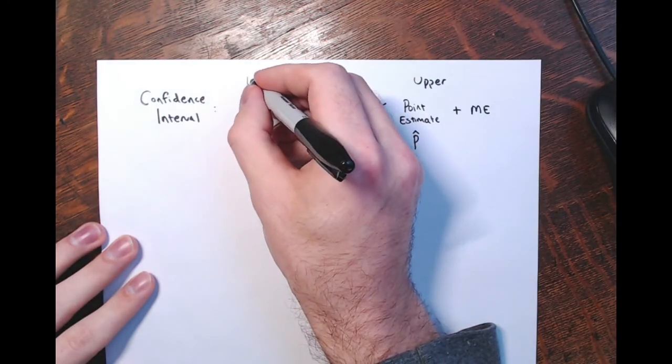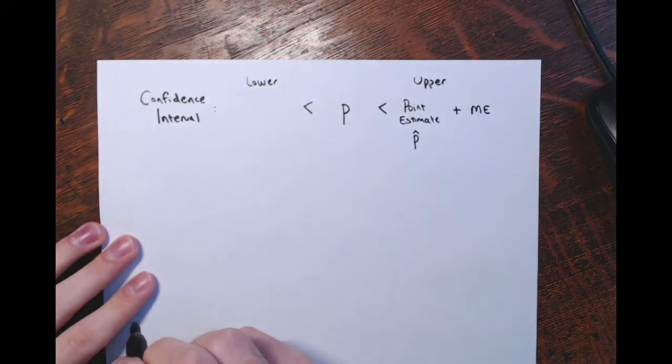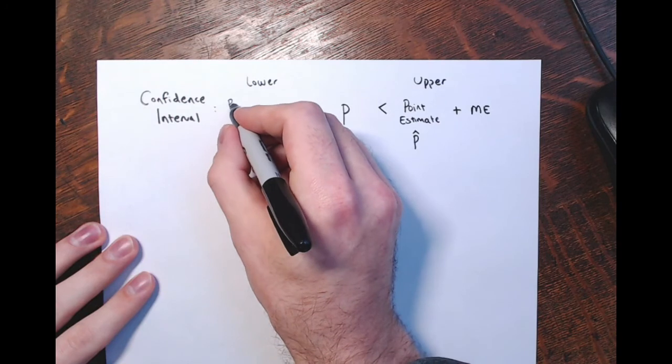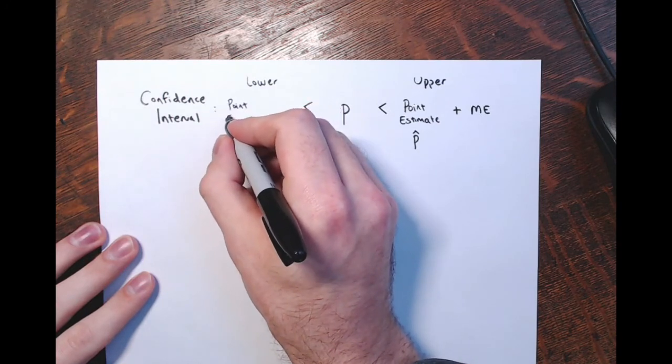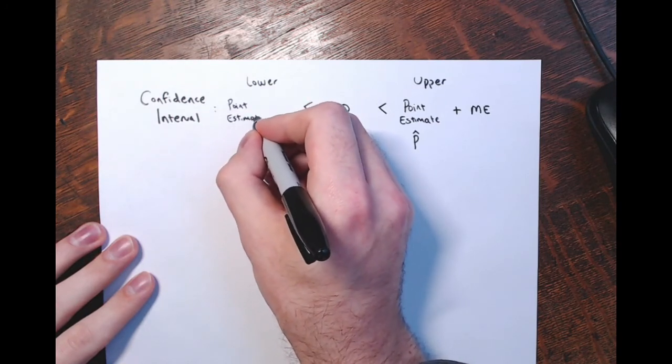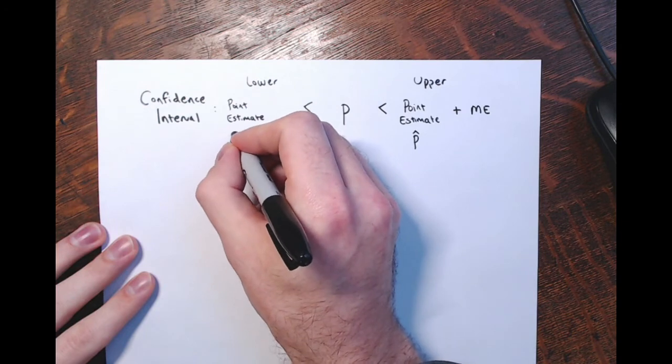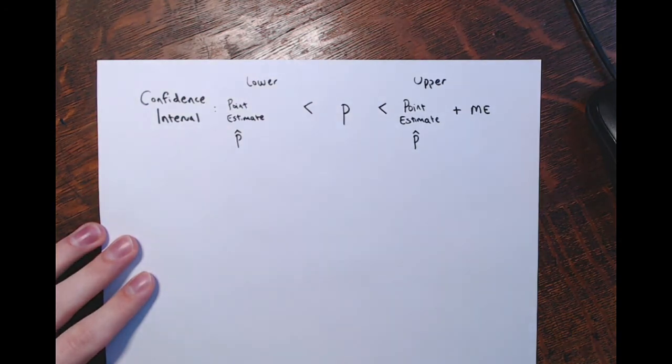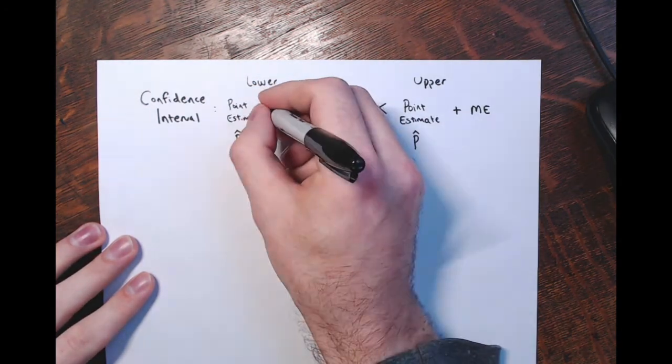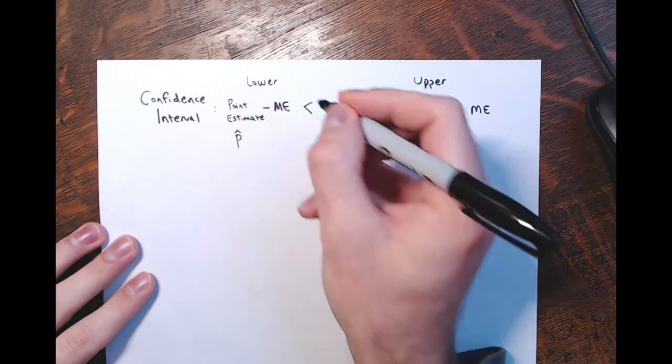The lower bound is formed by taking the point estimate, again the sample proportion p hat, and subtracting the margin of error.